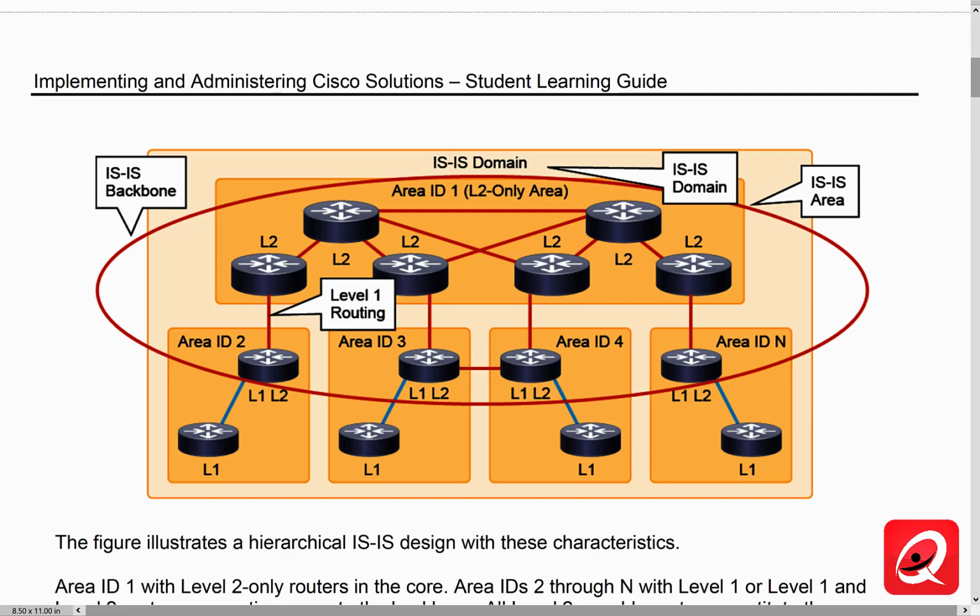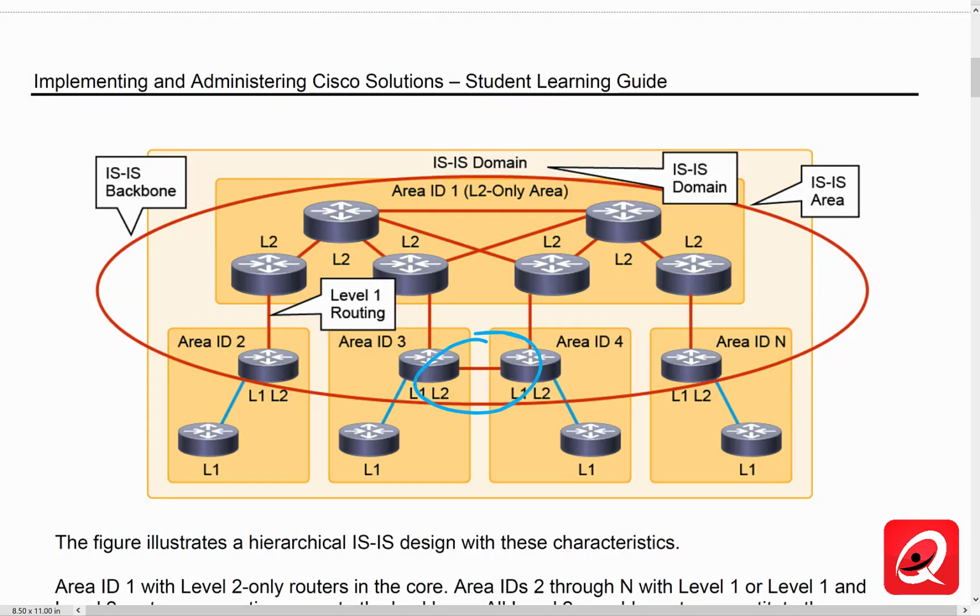Now traditionally in OSPF, that would mean that we would have to go through an area border router, a router that's attached directly to the backbone, and we would not have direct communication from one area to the other. But in this particular case, we have an L2 link between the areas, so we can facilitate that communication through that L2 link.